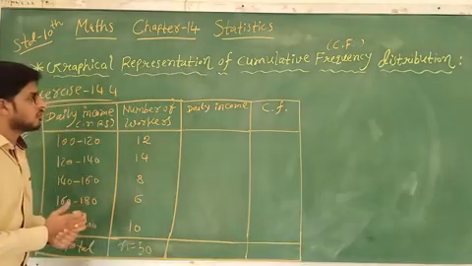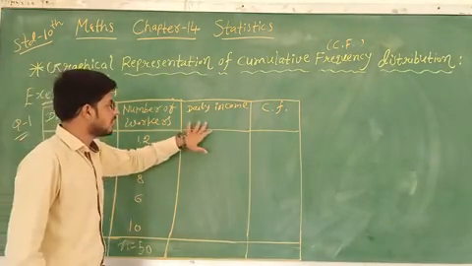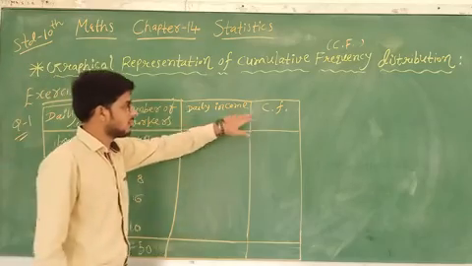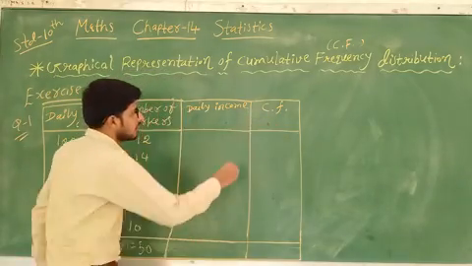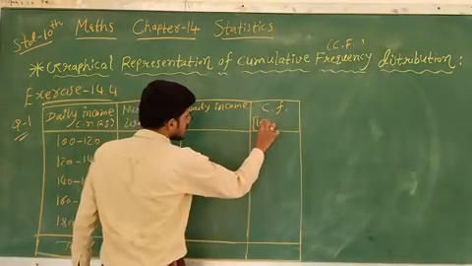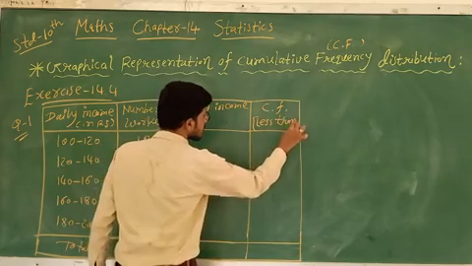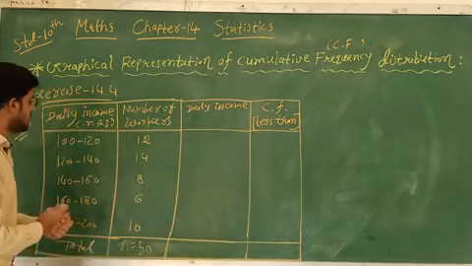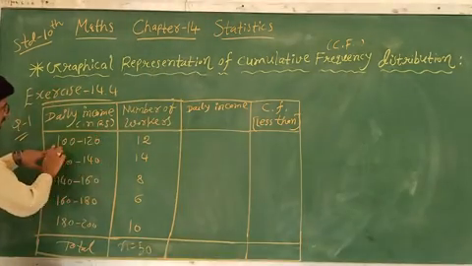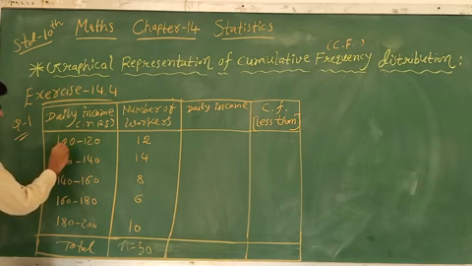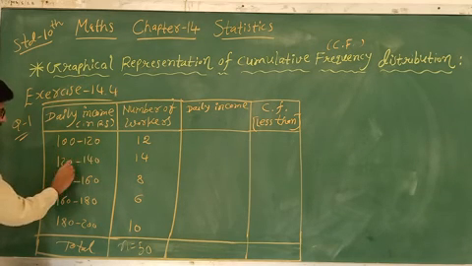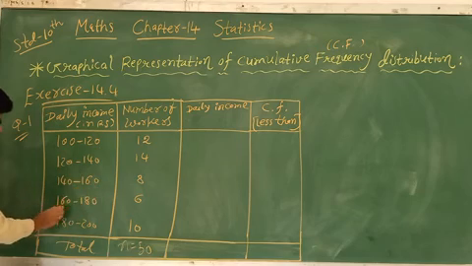So first of all we have to find out daily income in less than type, and next we have to find out cumulative frequency. Daily income is given in classes from 100 to 120, 120 to 140, 140 to 160, 160 to 180, and 180 to 200.